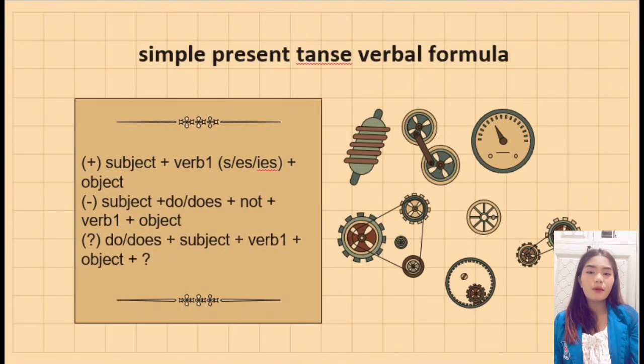Simple present tense verbal has a formula. The positive starts with the subject, verb 1 (s or es), and object. The negative starts with subject, do or does, not, verb 1 and object. For interrogative: do or does, subject, verb 1 and object.